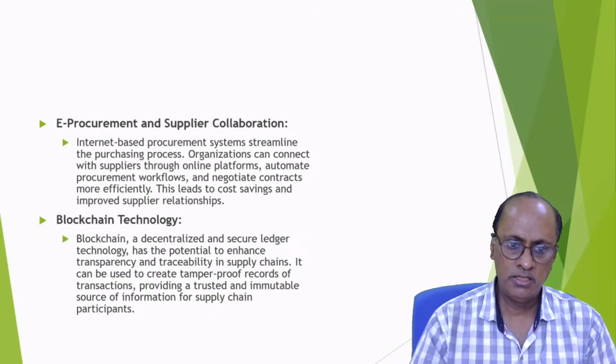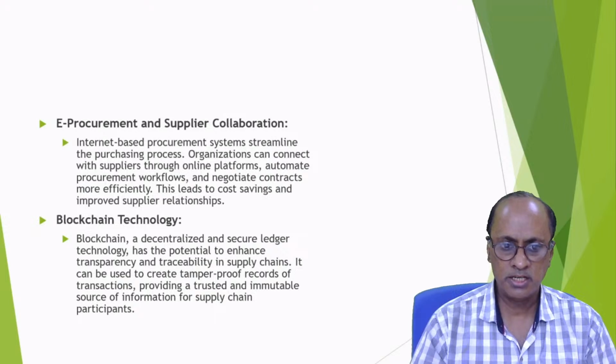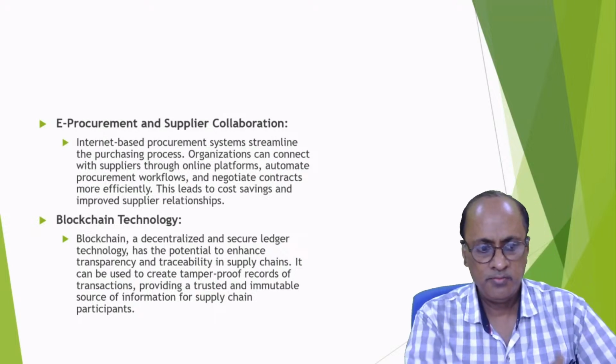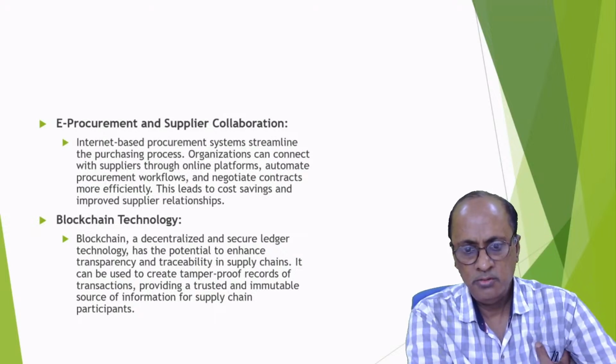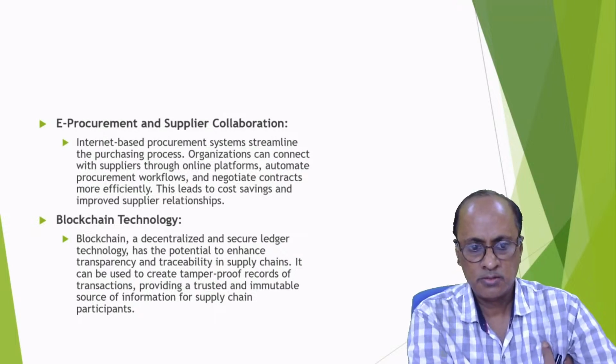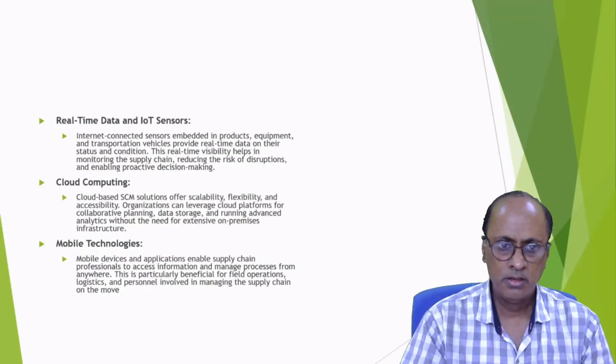Blockchain technology, a decentralized and secure ledger technology, has the potential to enhance transparency and traceability in the supply chain. It can be used to create tamper-proof records of transactions, providing a trusted and immutable source of information for supply chain participants.